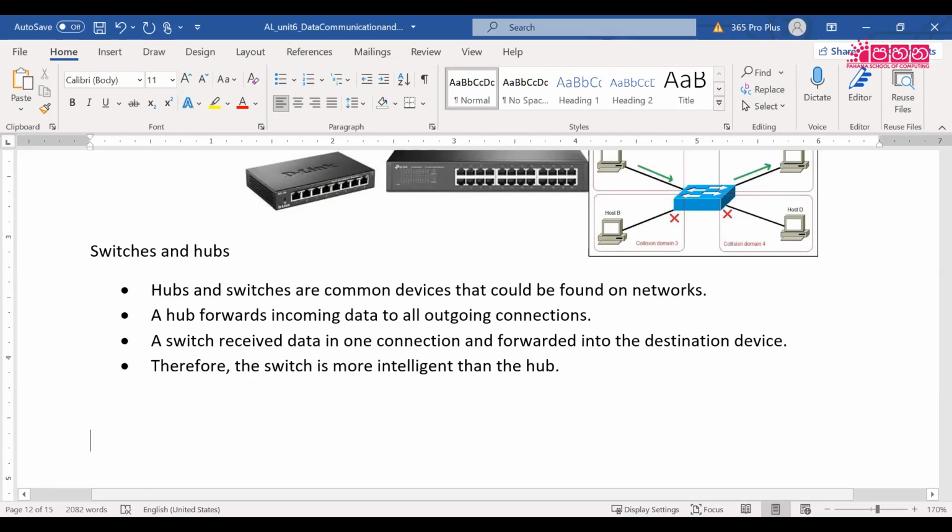To identify these devices individually, we can make use of what we call the MAC protocol, or media access control protocol, right? So let's say our main topic here, 6.6, we are going to look at media access control, or in short, MAC protocol.